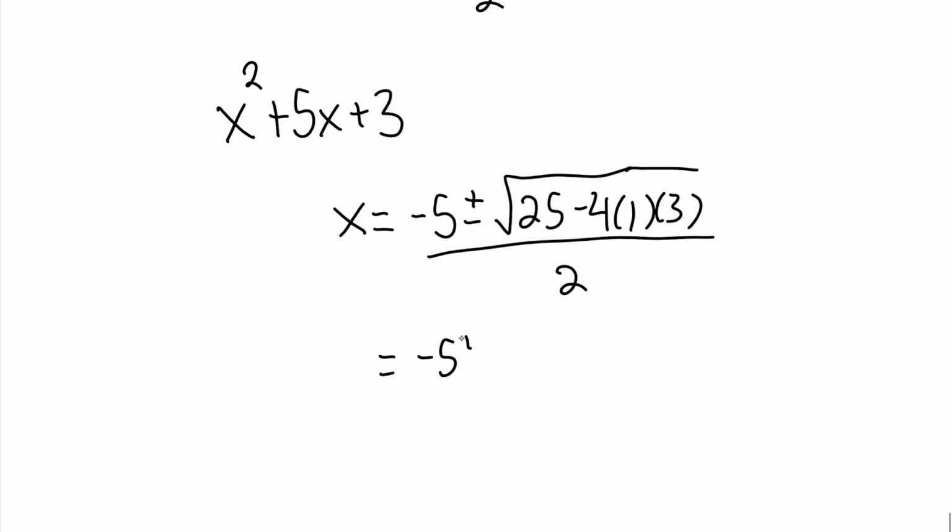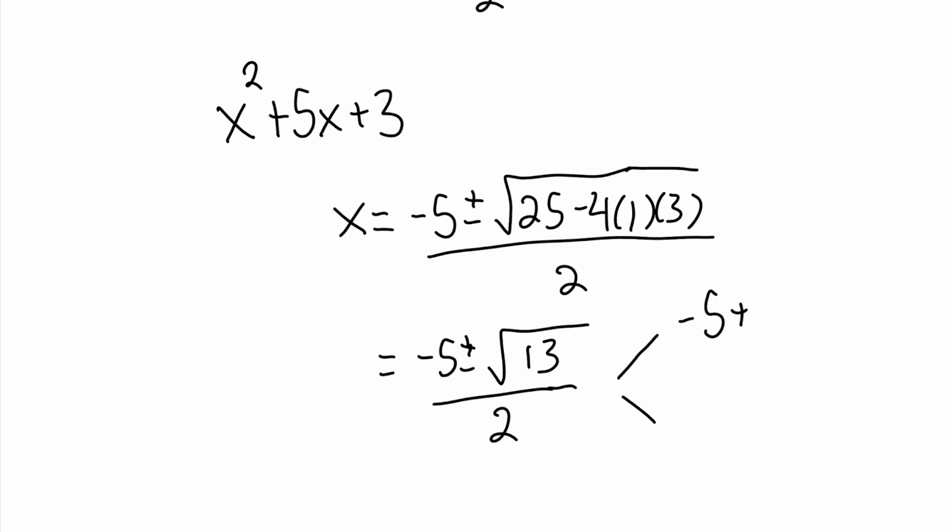So this is negative 5 plus or minus the square root of 25 minus 12, which is the square root of 13, over 2. There's really no way to make it simpler; nothing can be done about the square root of 13. So we have two answers: negative 5 plus root 13 over 2 and negative 5 minus root 13 over 2.